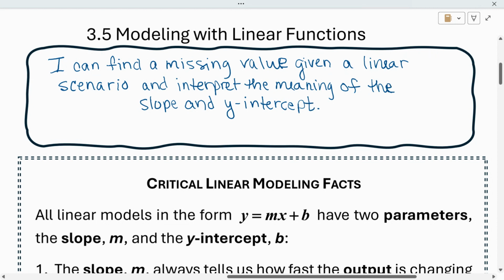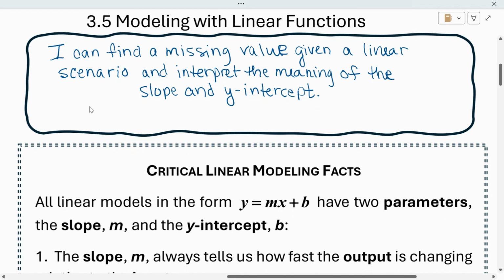So I'm going to read that again for you. I can find a missing value given a linear scenario and interpret the meaning of the slope and the y-intercept.